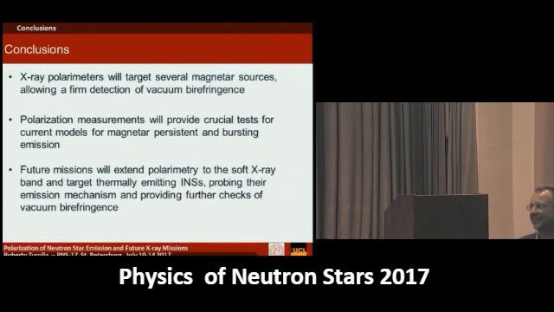But it's not important. More generally, I would say that I don't think that any body of physicists has any doubt that vacuum birefringence, vacuum polarization is there.